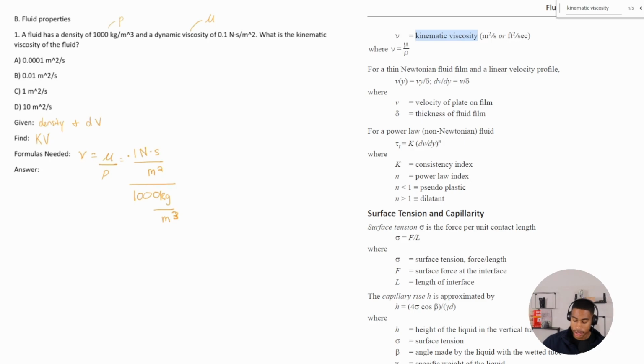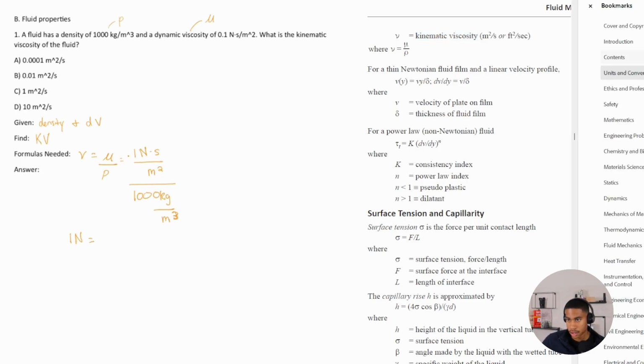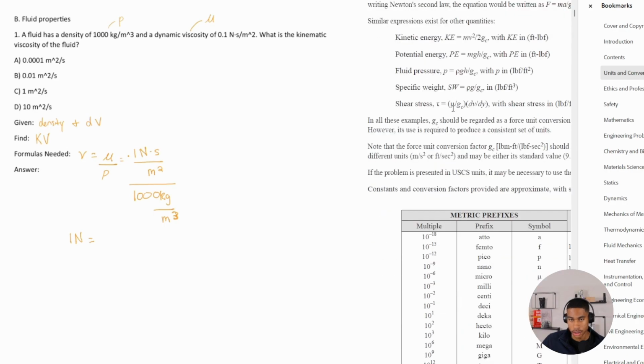So is there a conversion that we can make with newtons to get this thing to be in kilograms, or something to cancel out more units? All right, so I'm going to look up what Newton equals in the unit conversion section, because I'm sure there is a conversion for this.